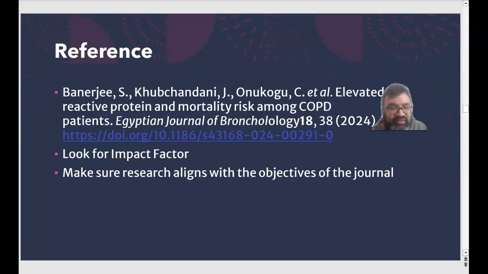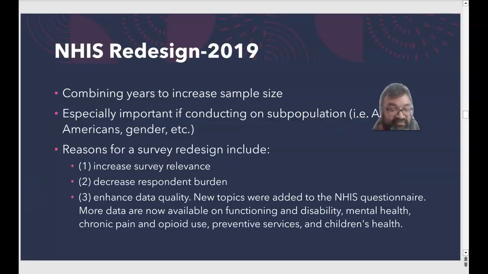Wanted to share with you the reference that we came up with, the reference for the journal that we submitted this to, so that you can have this for your reference. When you're looking for this, look for an impact factor. Make sure research aligns with the objectives of the journal. Again, I went over this already.